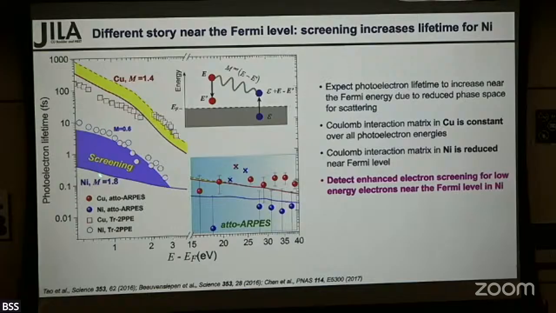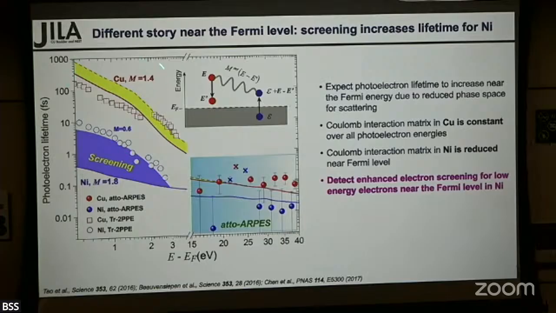So we know the difference here has to be screening, because they measure a longer lifetime. We would predict the lifetime should still be sub-femtosecond if only electron scattering was happening. Does that make sense? But they measure much longer.